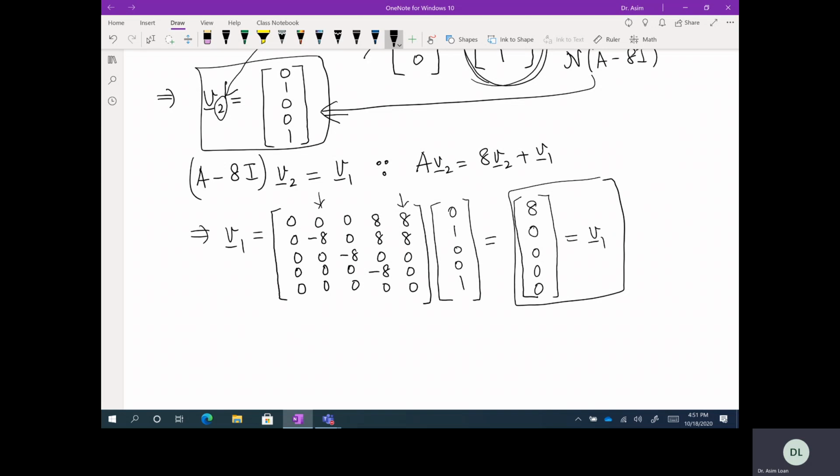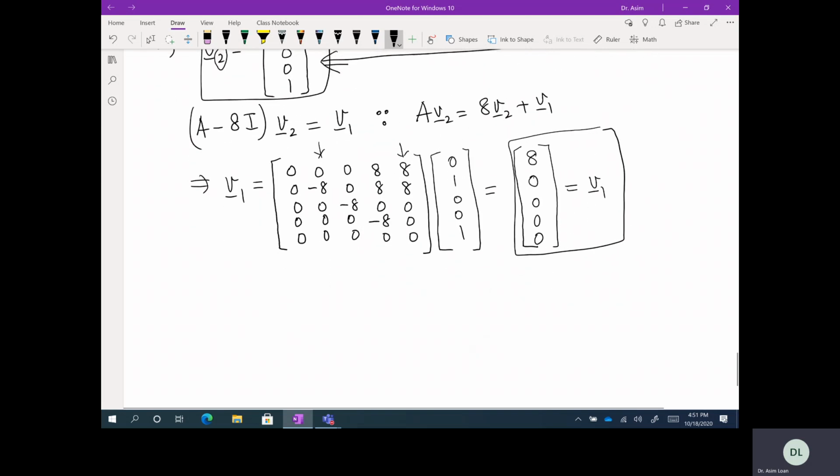Okay. Now we need to find the eigenvectors corresponding to 0. So for lambda equal to 0, if you recall, we had two independent eigenvectors. And what were these two independent eigenvectors?